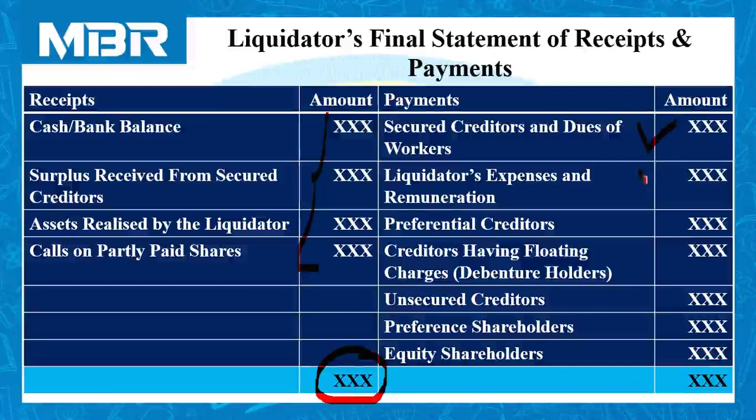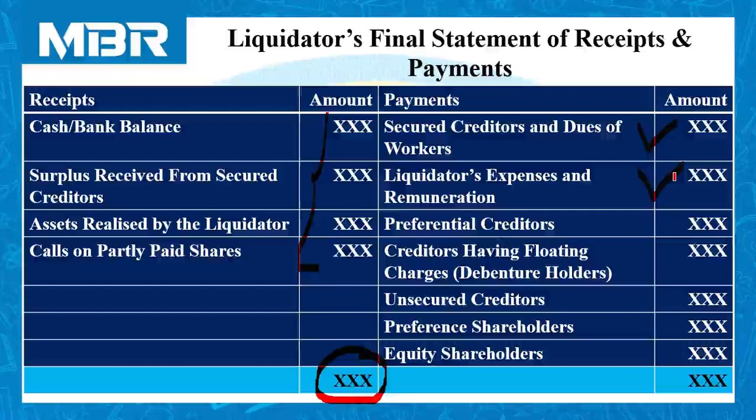Second, liquidator's expenses and remuneration. Whatever expenses are incurred by the liquidator during the process of liquidation, we have to pay this expenditure at priority before paying anything to the preferential creditors and so on.